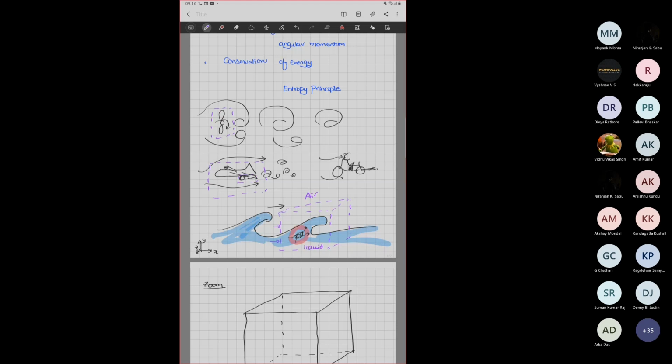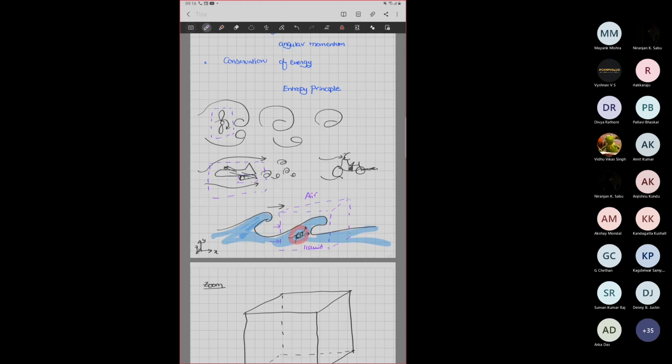How does atmospheric flow, far away, 10 kilometers from the wind turbine, get modified as it approaches the blade, and as it leaves the blade, how does it further develop instabilities and so on. To handle all these systems, we require a volume under observation. Once you fix that volume, you will be in a position to apply these principles to tackle what is coming in and what is going out.